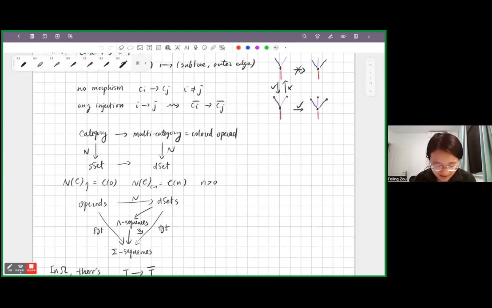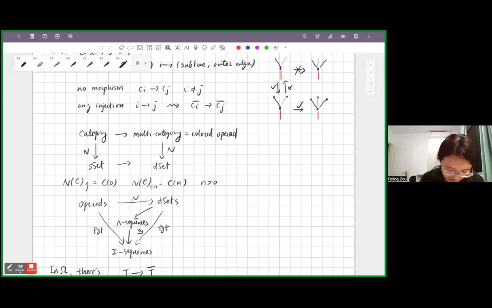Okay, so by saying this, I want to make a comparison of unital operads with some sort of dendroidal sets. So the theory of dendroidal sets is supposed to be an extension of the theory of simplicial sets and colored operads, like this. And there is a nerve from colored operads to dendroidal sets.